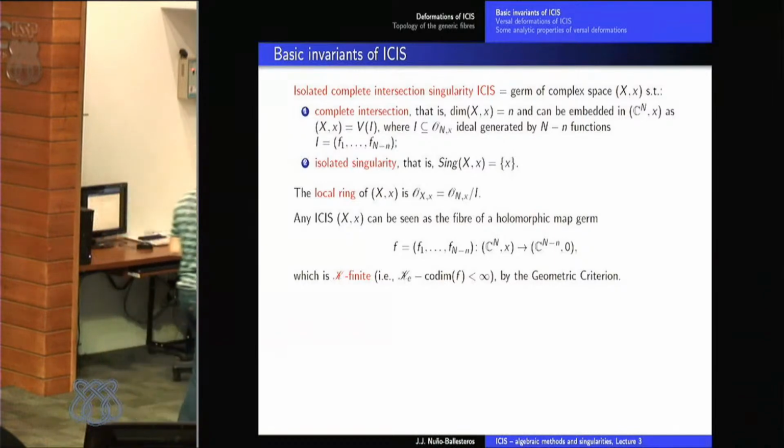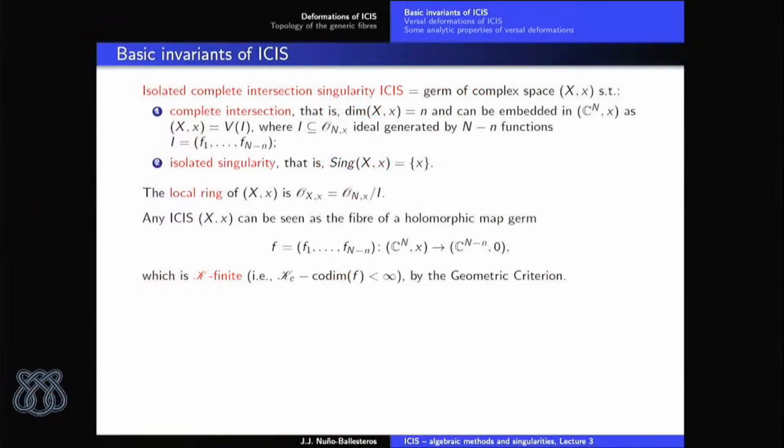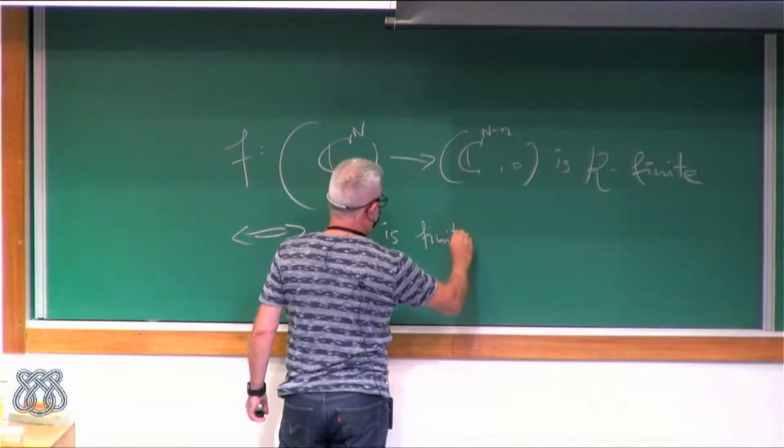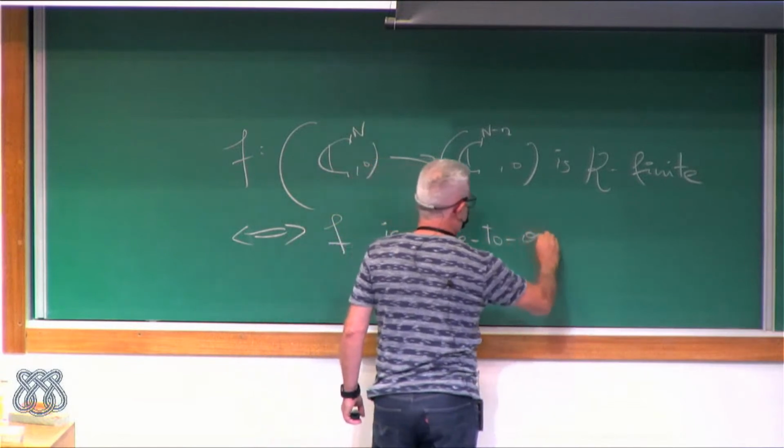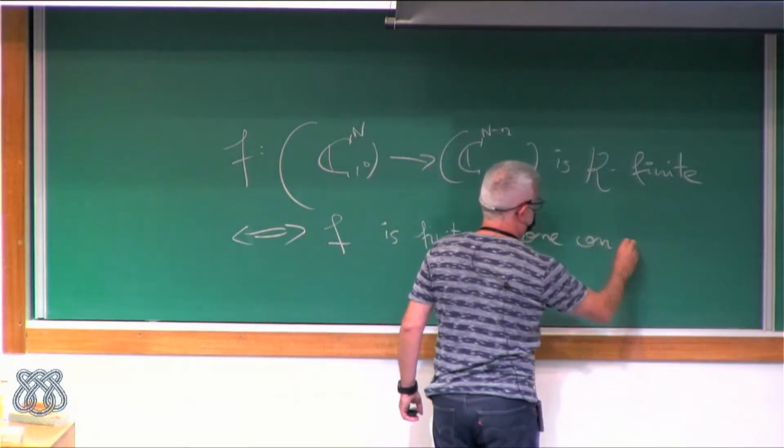So remember that the geometric criterion says that a mapping F is K-finite if and only if F is finite-to-1 on its critical set.